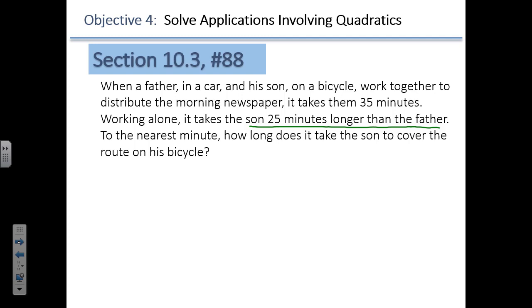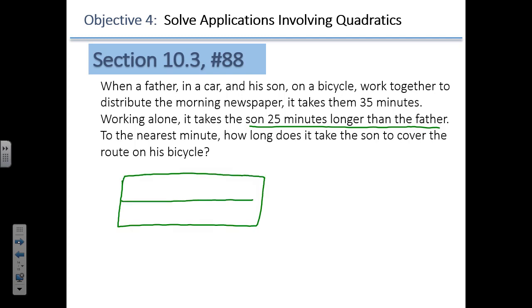Now, we did problems like this in chapter 7, and so the setup will be familiar even though it's been a few weeks. Let's go ahead and do this. Remember, we solved these using a table. You might remember that we have a row on each table for each participant in this scenario. In this case, we have a father and we have a son.